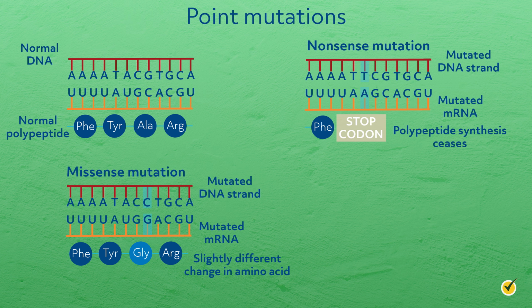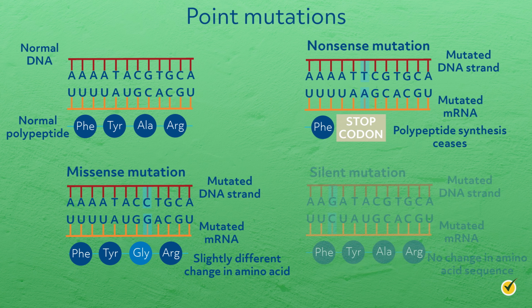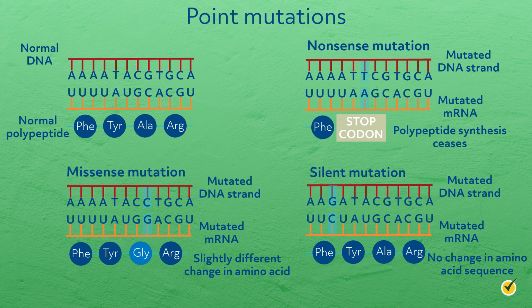A nonsense mutation is a point mutation that changes one amino acid to form a premature stop codon during transcription and translation. Depending on where the premature stop codon lands within the sequence, this can result in a truncated or incomplete protein. The third consequence of a point mutation could be a silent mutation, meaning a base is changed, but the resulting amino acid stays the same, so it is almost as if it goes unnoticed.